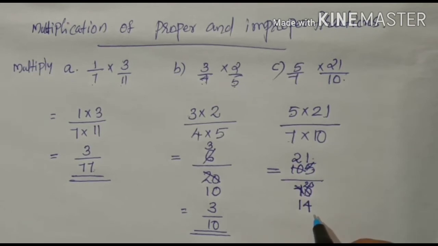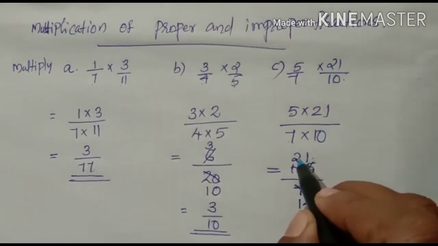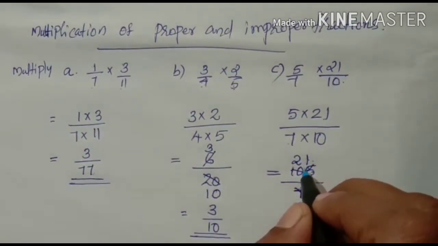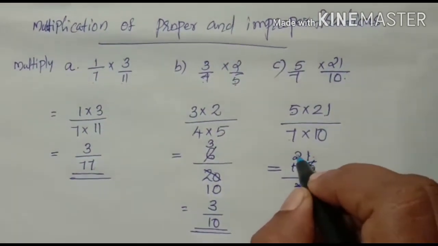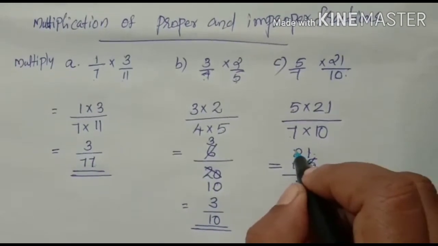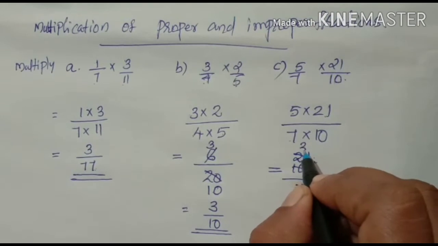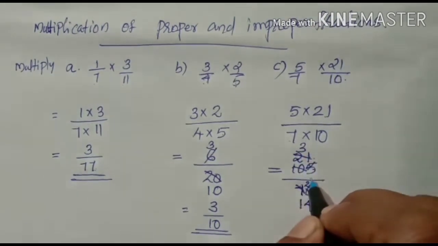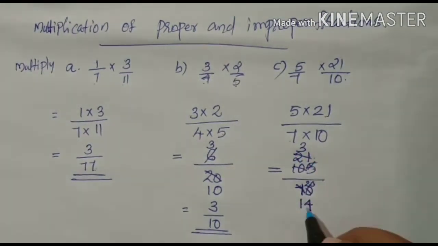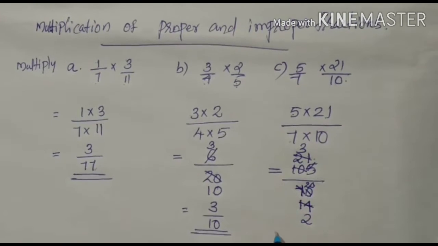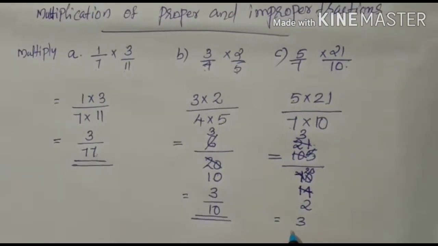Then here 21 and 14 are divisible by 7. 3 times 7s are there in 21. In 14, 2 times. So the simplest form is 3 by 2.